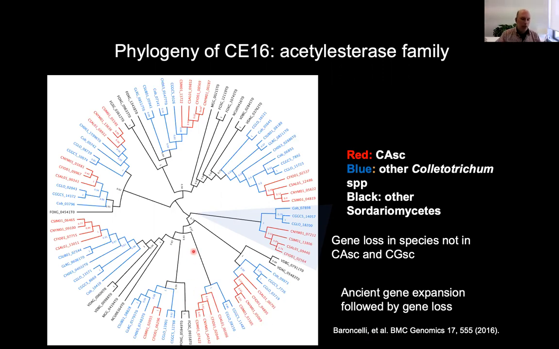It appears that the gene content in these species is due to an ancient gene expansion in a common ancestor of Colletotrichum, or perhaps before then, followed by gene losses in multiple lineages. So this is consistent with our hypothesis 2.